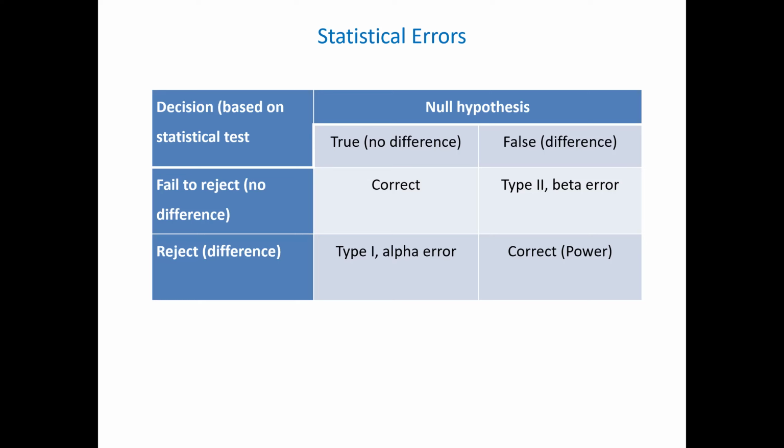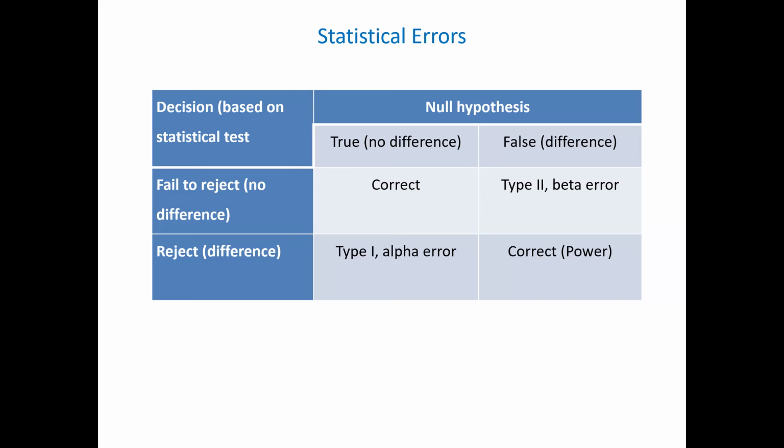If you want to reduce your type 2 error rate, you increase your power to 90. But somehow also, if you reduce your type 2 error rate too much, your type 1 error rate will increase. They increase also. So you have to strike a balance.